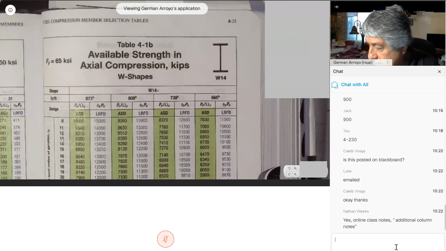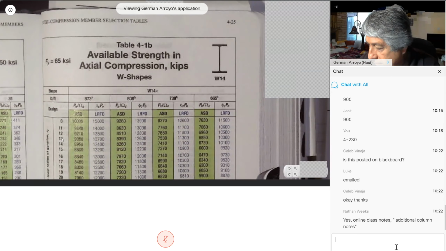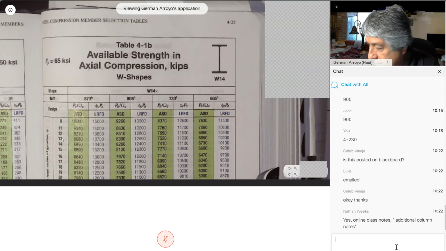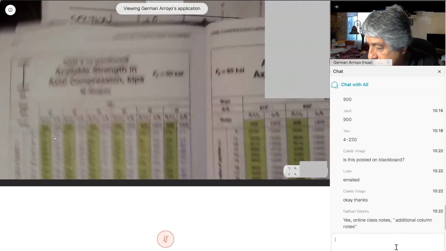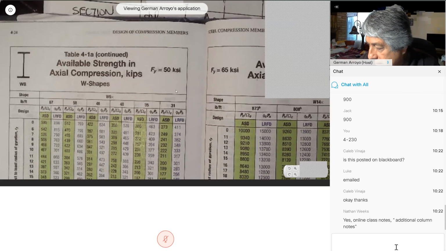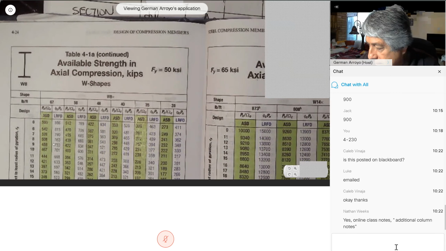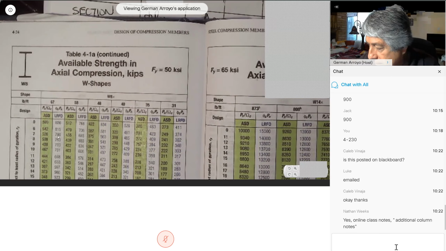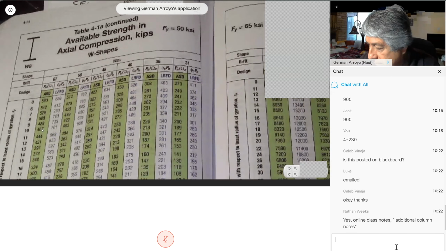Look, do we have a W8? In this page, the heaviest W8 is 67, and it gave me a value of 763, and I need 840.